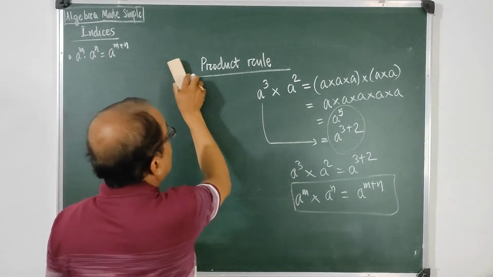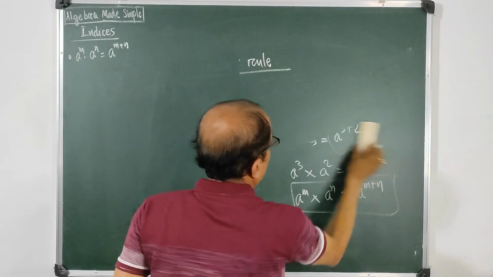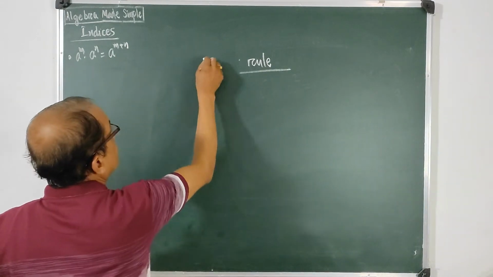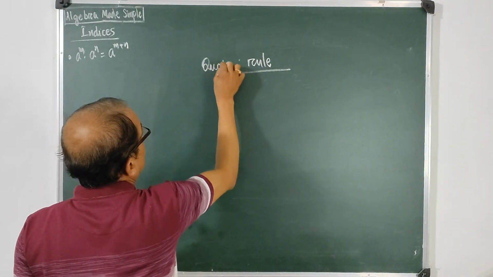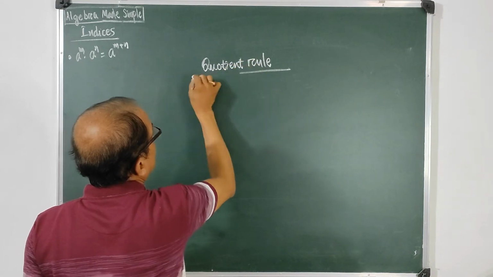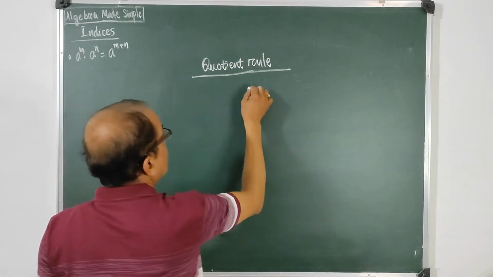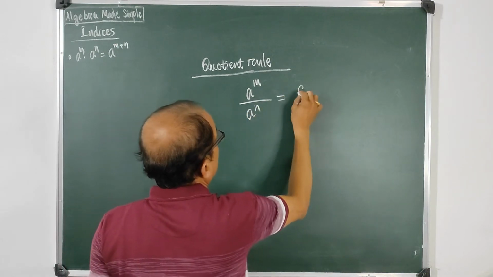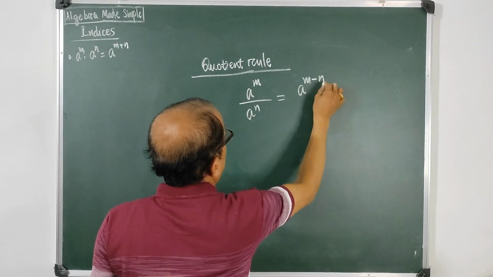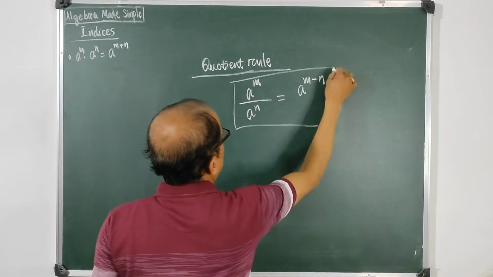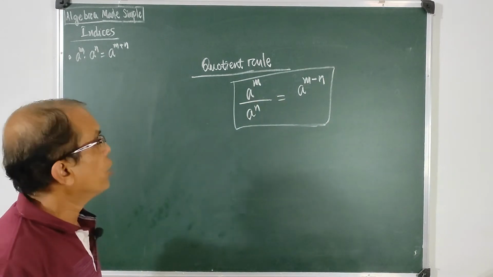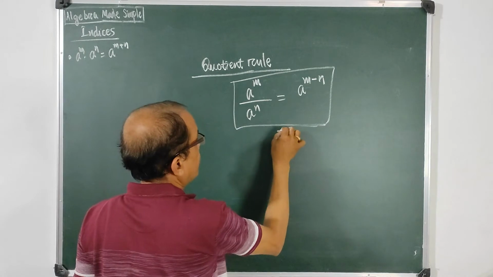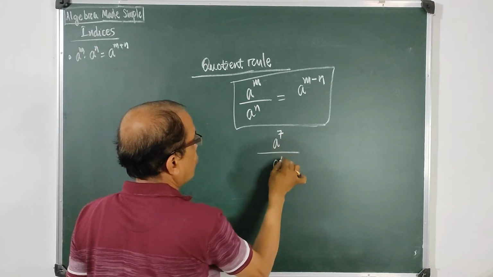Next, let us go for the second rule, the quotient rule. In this rule, we divide a to the power m by a to the power n to get a to the power m minus n. Is it a true formula? We are writing a to the power 7 by a to the power 4.